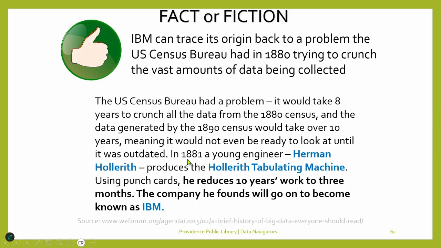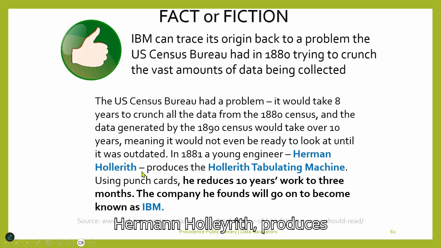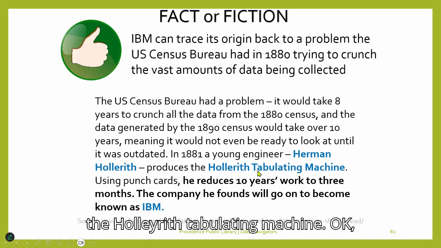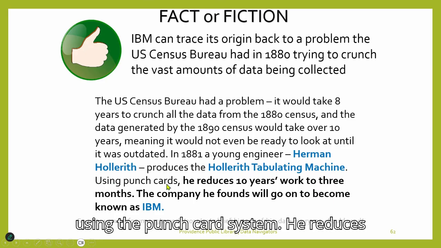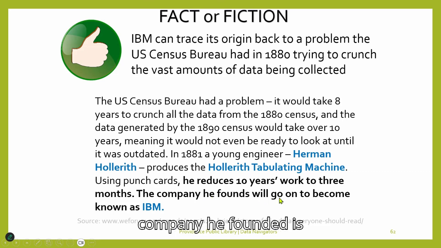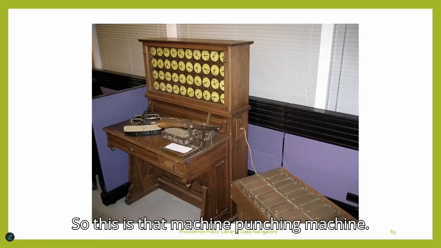Now in 1881, a young engineer, Hermann Hollerith, produced the Hollerith tabulating machine. Using the punch card system, he reduced 10 years of work to 3 months, and the company he founded is IBM. So that is fact. So this is that machine, the punching machine.